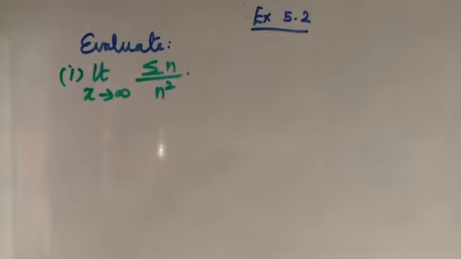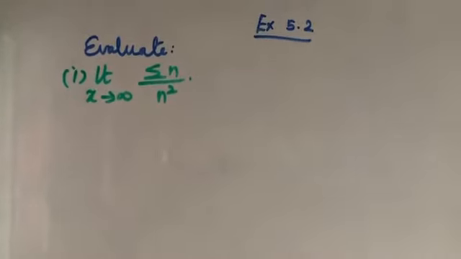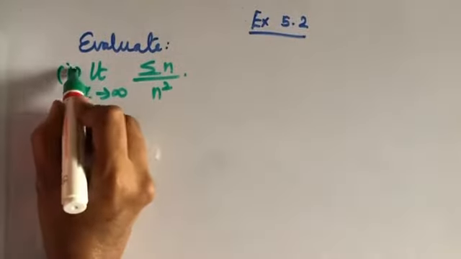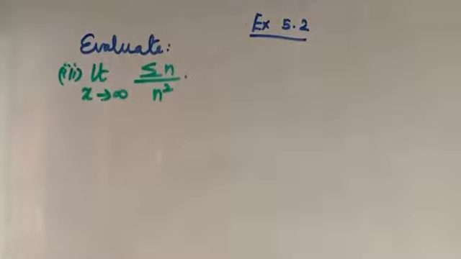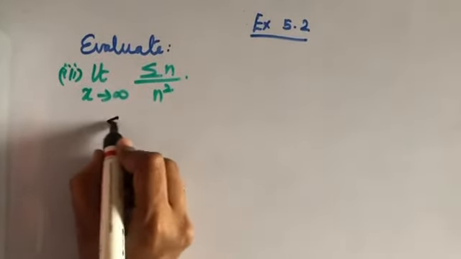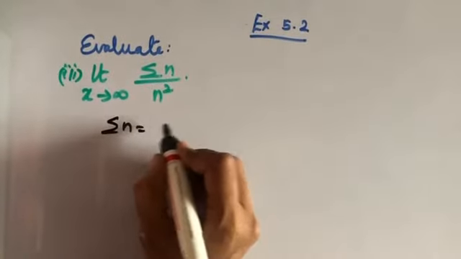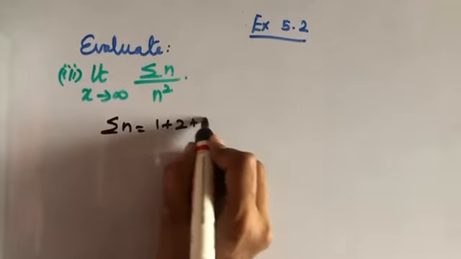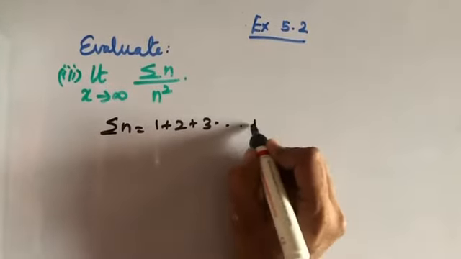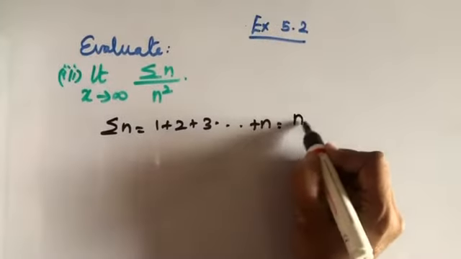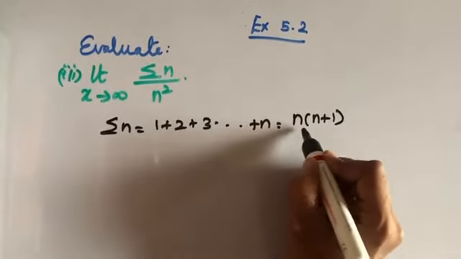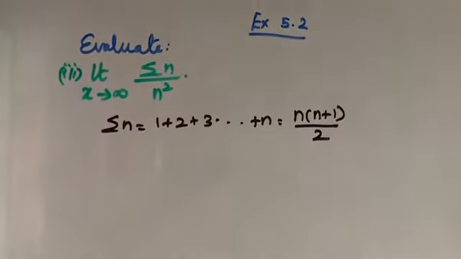Now, third one, limit x tends to infinity sigma n divided by n square. What is sigma n? Summation n. We know summation n is equal to 1 plus 2 plus 3 up to n. What is the formula for this? n into n plus 1 divided by 2, isn't it?